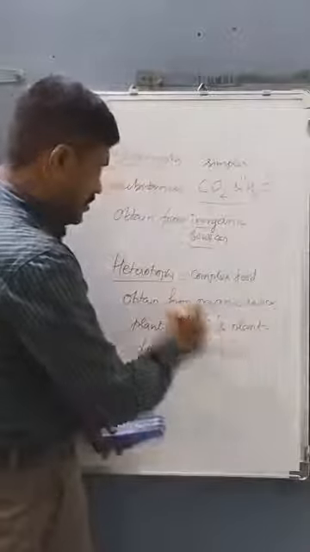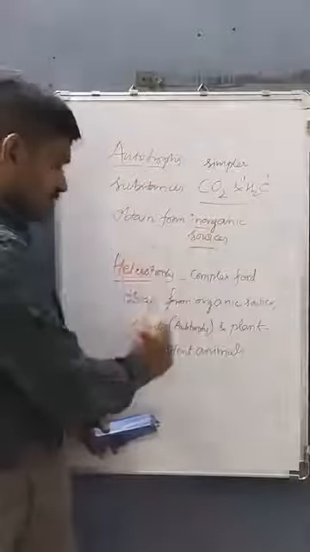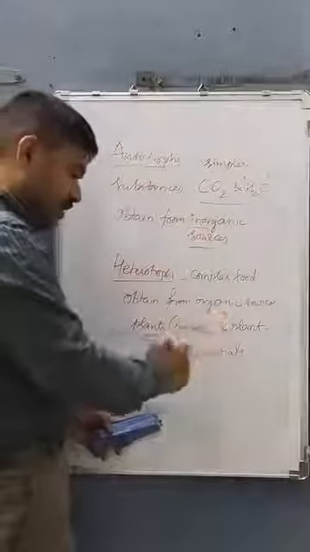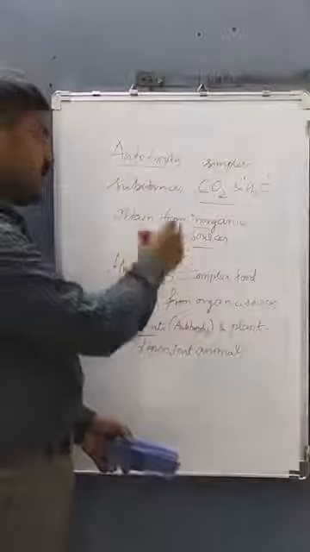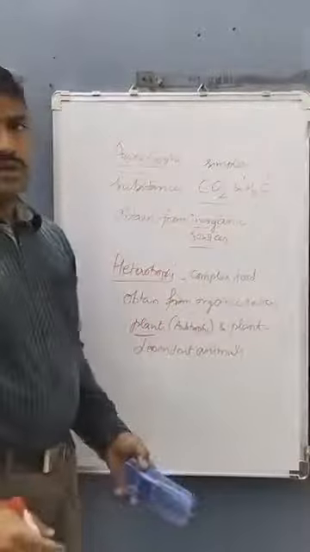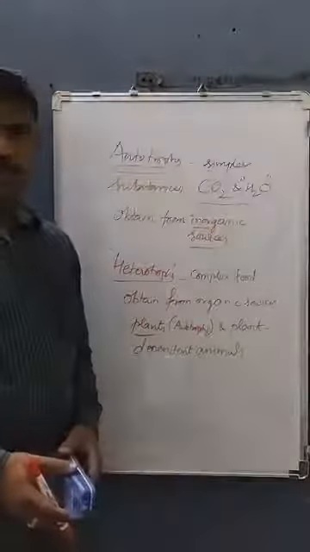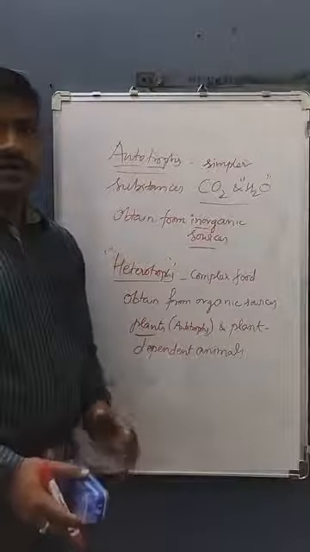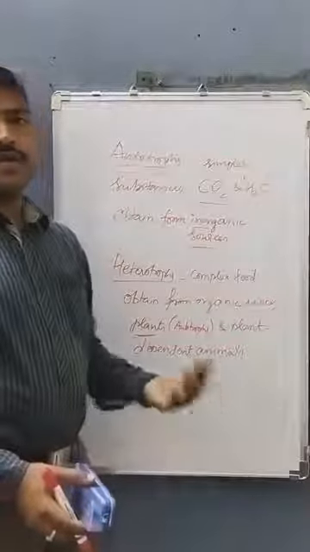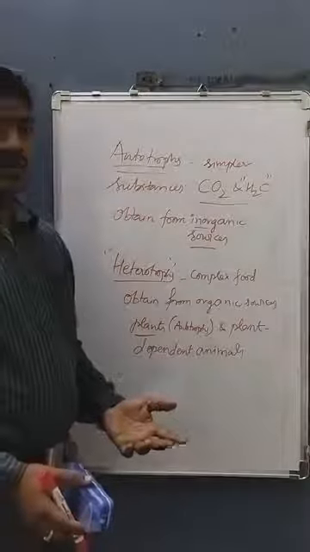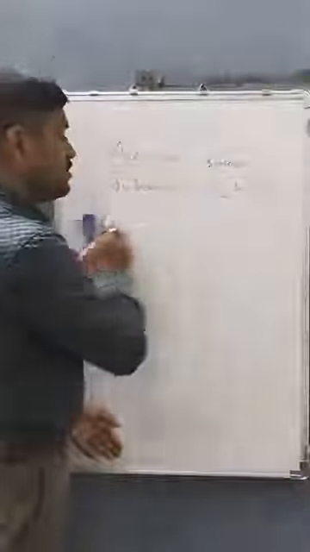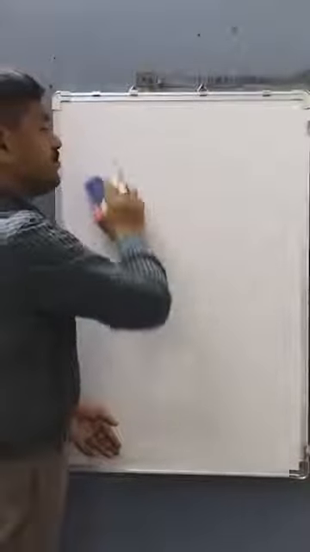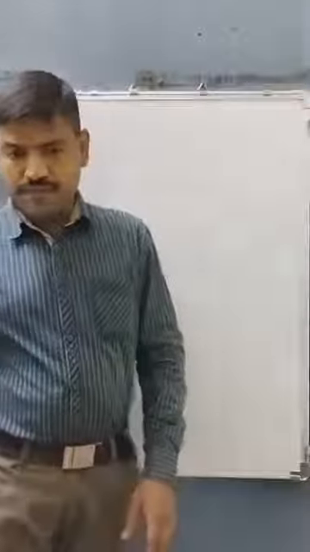Thus, if heterotrophs have to survive, plants and plant-dependent animals are needed. So directly or indirectly, the survival of heterotrophs depends on autotrophs, because the source of their food is autotrophs or autotroph-dependent other heterotrophs.